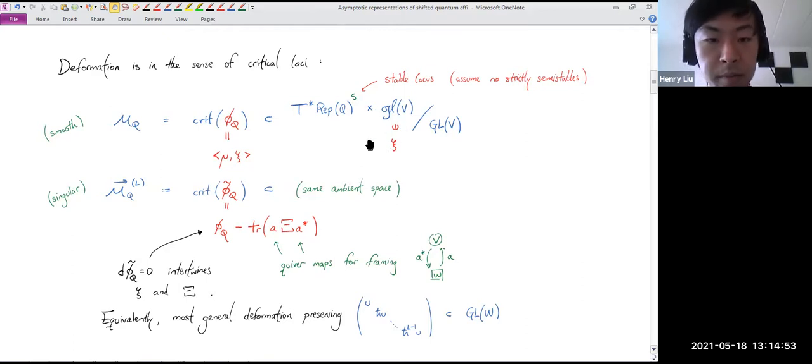And this psi is in some sense dual to mu. Mu here is the moment map, sorry. And it's a good exercise to check that the critical locus of this functional here really does recover the original Nakajima quiver variety.